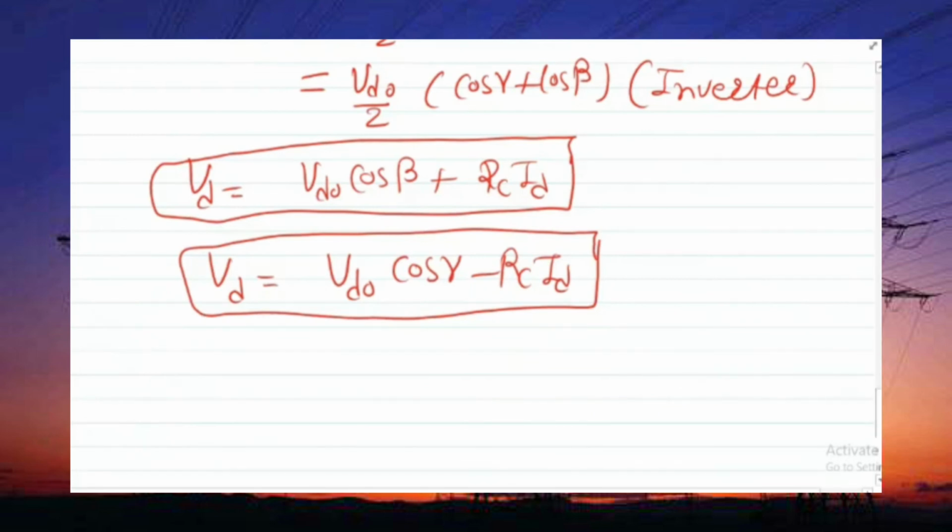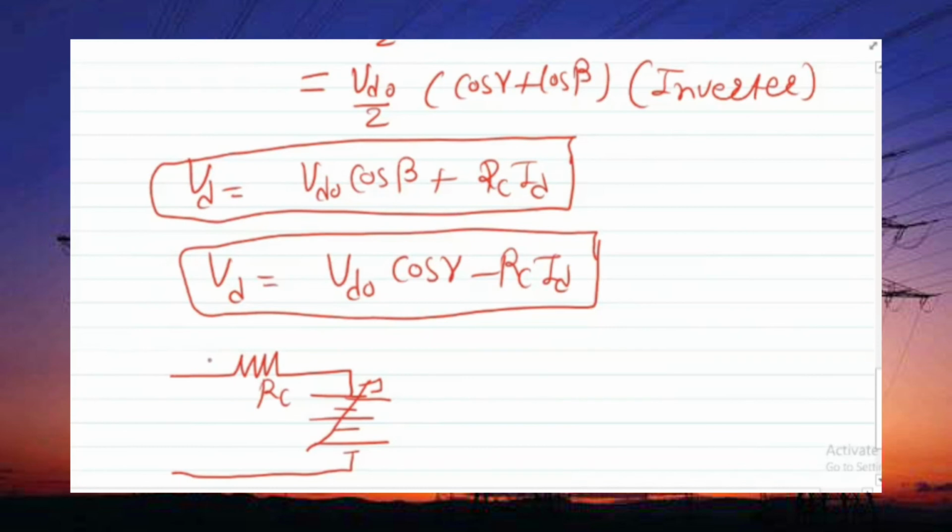So now your inverter operation equivalent circuit, if we consider it in terms of beta, becomes like this. This is your resistor, this is your DC source, and this is your Rc.